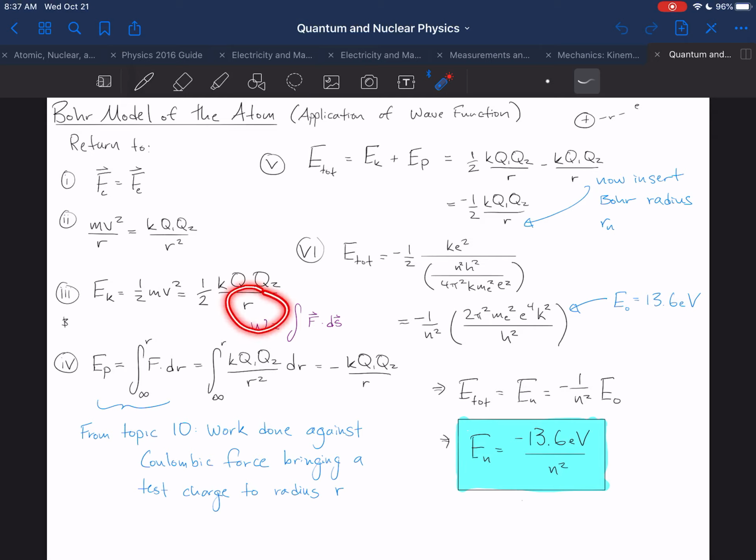Notice one of the r's is canceled, and so you no longer have r squared, you just have r. And that gives us our expression for the kinetic energy for this electron in orbit. Okay, and this is actually a general relationship for any orbital kinetic energy based on an r squared law. So this and its equivalent for gravitation also applies.